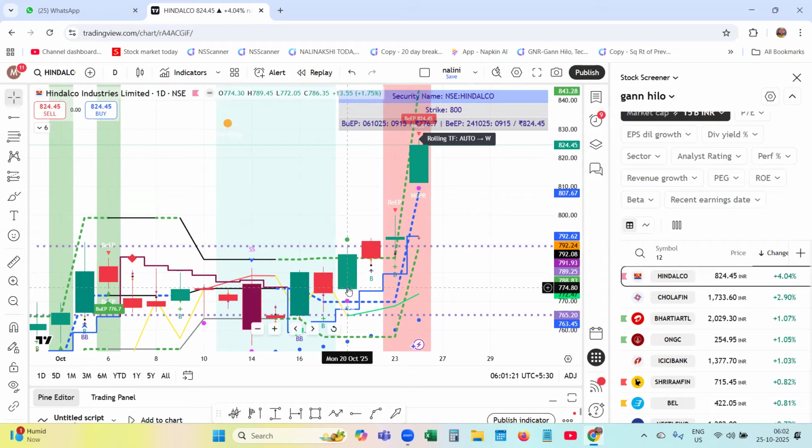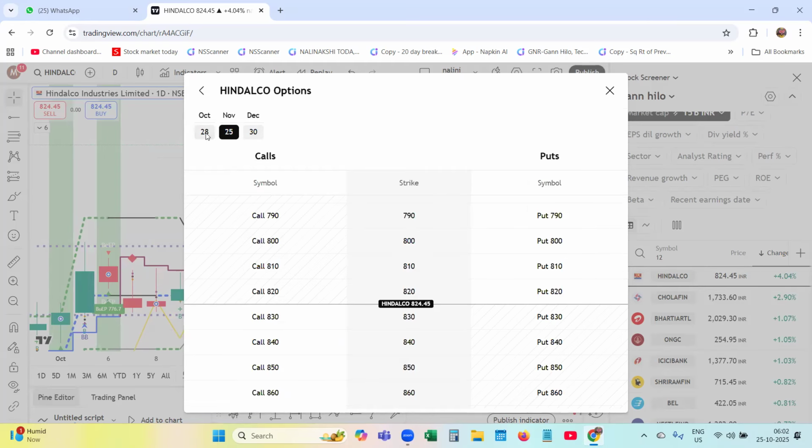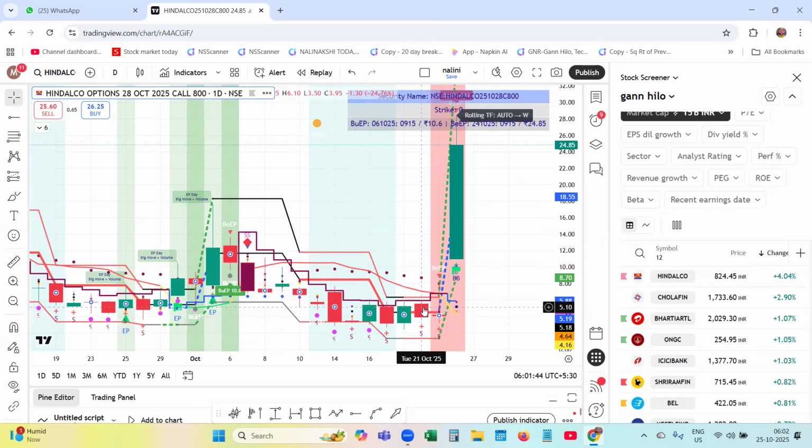So here, for example, let me go to the 700, and this is the 772. Then we will go for the 800 call option. 800 call option here.